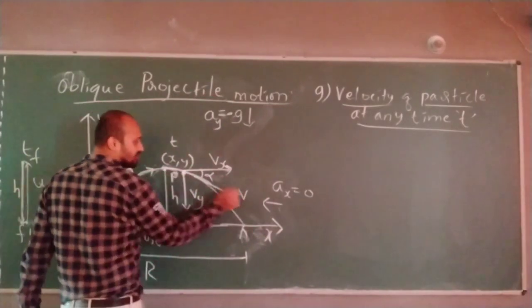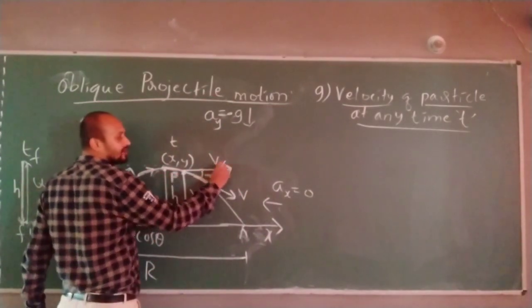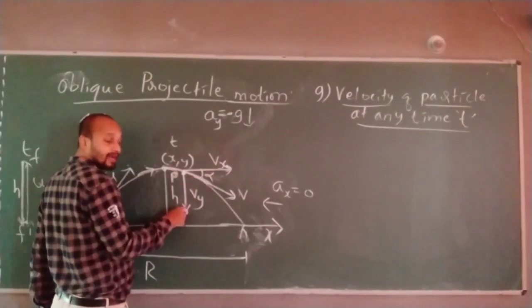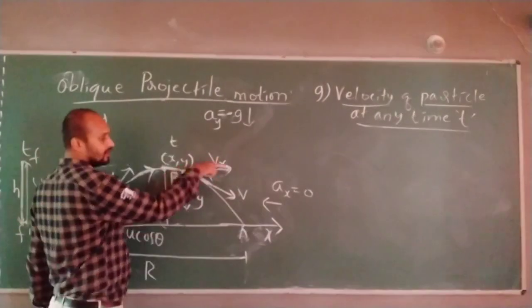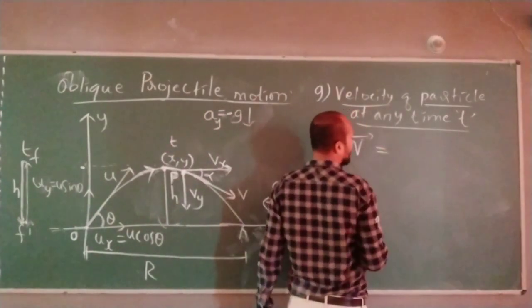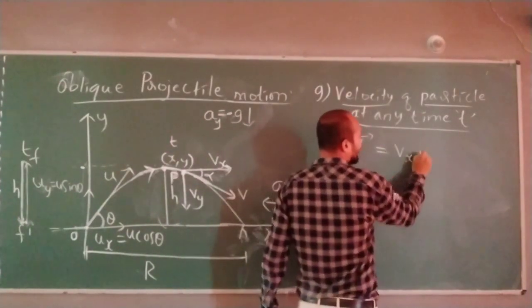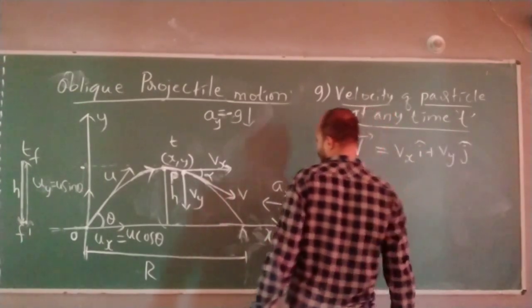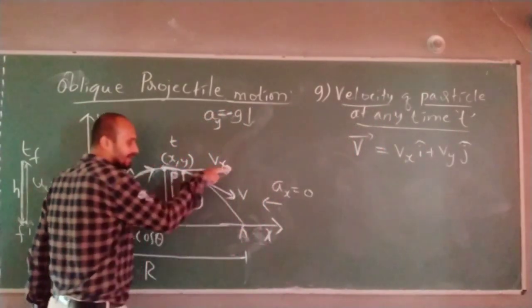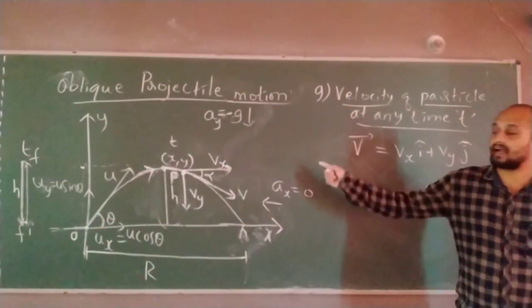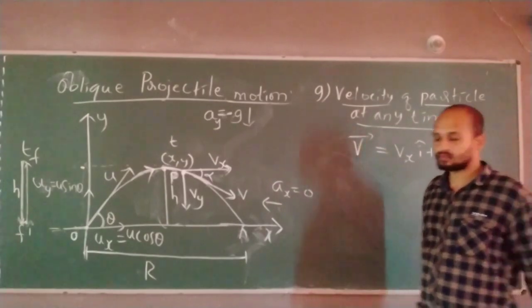Let us take the velocity v, its horizontal component of final velocity for time t is vx, and the vertical component is vy. From this, I can write v is equal to vx i cap plus vy j cap. In vector form, vx i cap plus vy j cap will give you the velocity at point P. Correct?